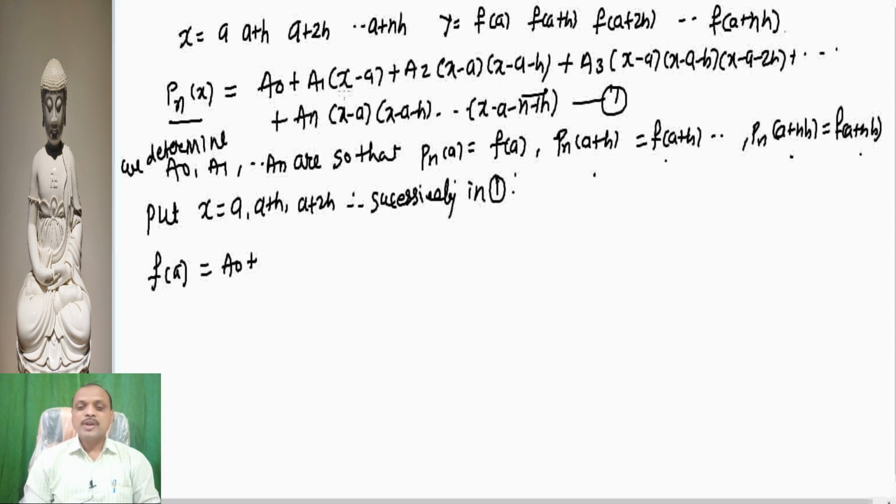Now whenever we put x equal to a, x minus a will be 0, so this term will be 0. Here again x minus a is a factor, so this will be 0, and again this will be 0. All terms except the first contain x minus a as a factor, so all will vanish and we get simply a0, and the value of a0 is f of a.